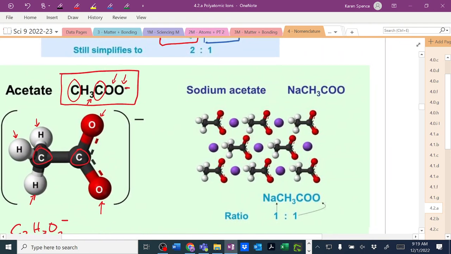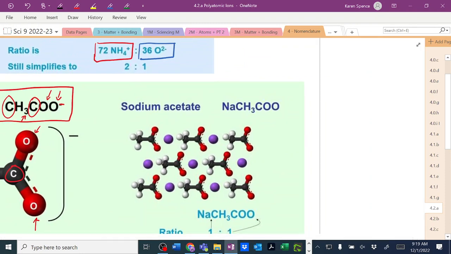So here's acetate, and you'll notice it has a -1 charge. If we have sodium, sodium is +1, and acetate is -1, do we need more of either of them to have a neutral compound?